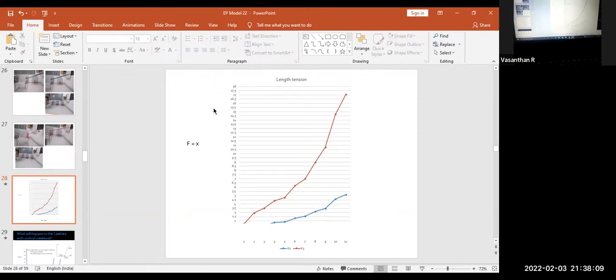So what I want you all to do is put your hand in a flexed position. Hold your hand like this, with the shoulder down and the elbow bent.